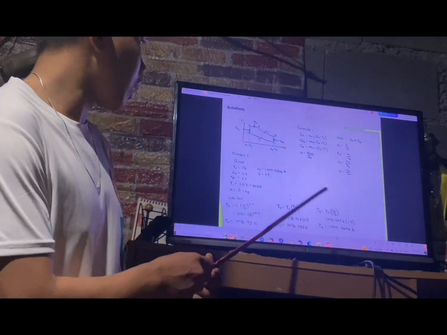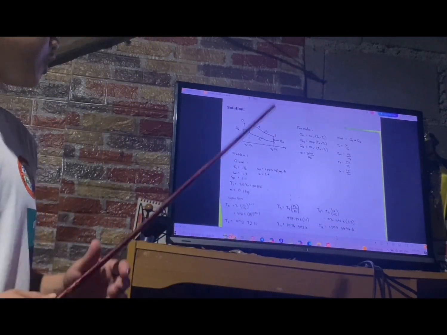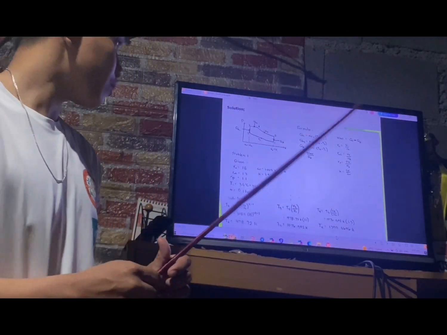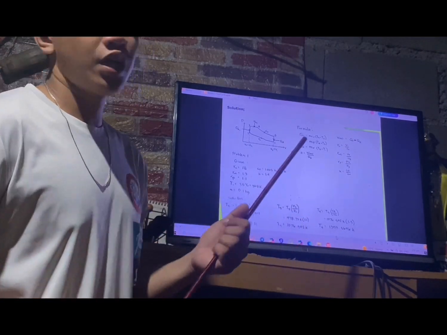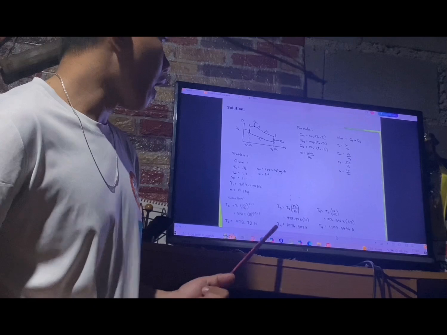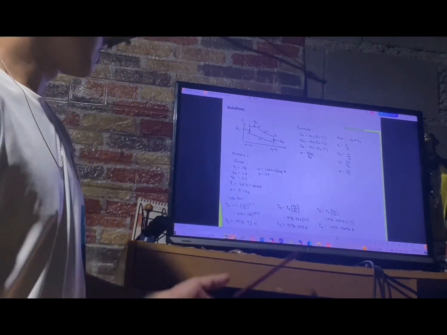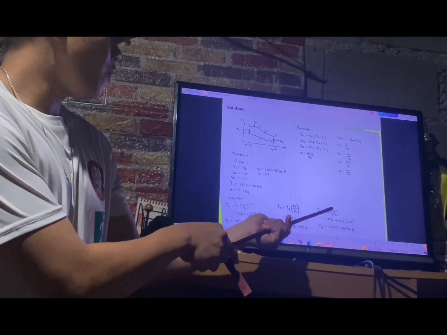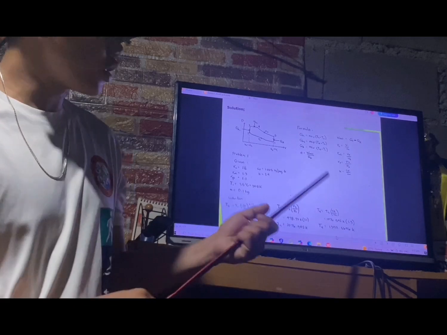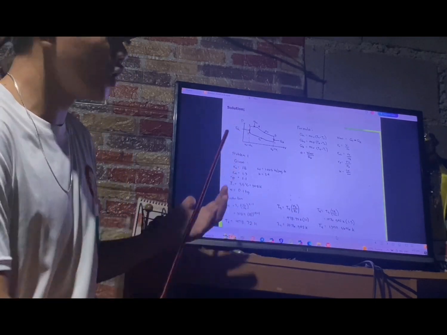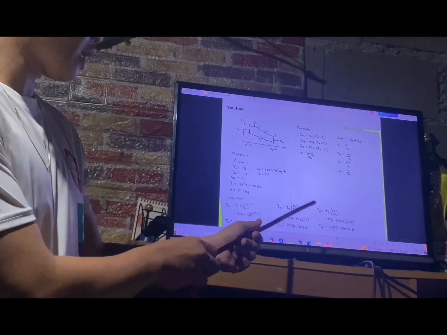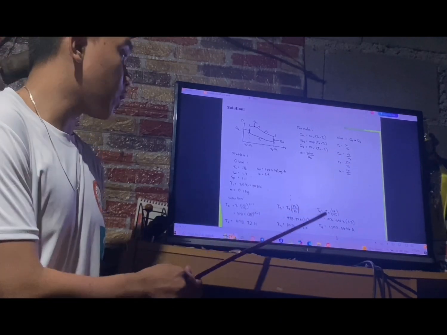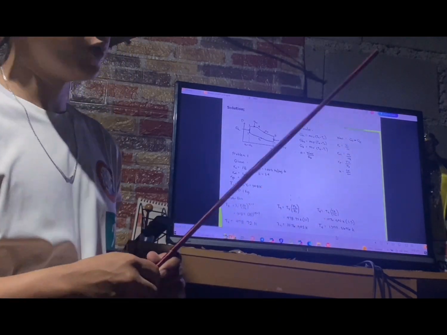To complete it, we solve the value of temperature 4. So temperature 4 is equal to T3 V4 over V3. We cancel out the pressure because it is a constant pressure process. So we came up with this formula: T4 is equal to T3 V4 over V3.